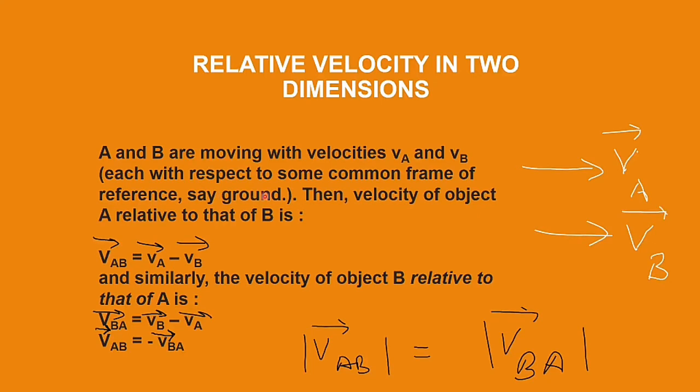You have to simply use that formula: vAB is vA minus vB, and if you want to find vBA, that is vB minus vA. But if you find the magnitudes, of course, as we have proved earlier, in place of P and Q vectors you need to write vA and vB, and then you can prove yourself that the magnitudes of the velocity will come out to be the same, but the directions, tan theta or tan phi, whatever name you may give, you can always calculate. So this subtraction of vectors is of course required to find the relative velocity when I am dealing in 2 dimensions.